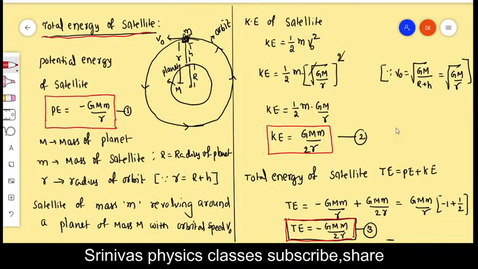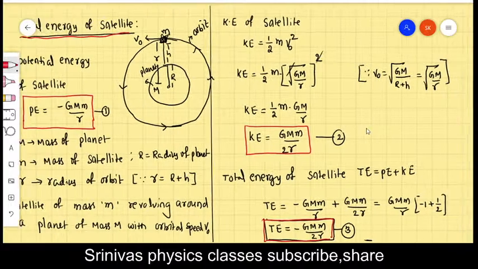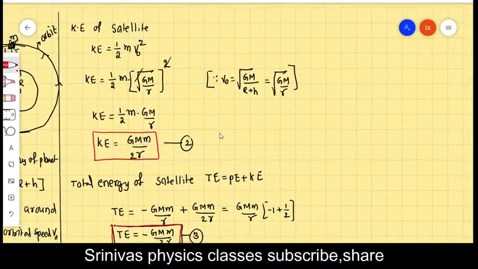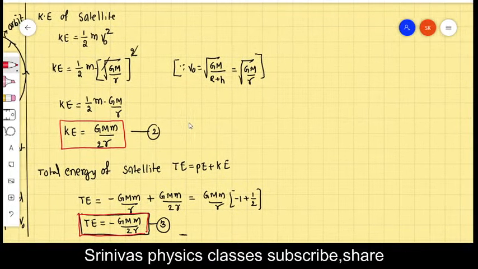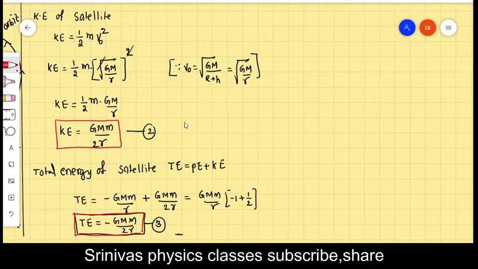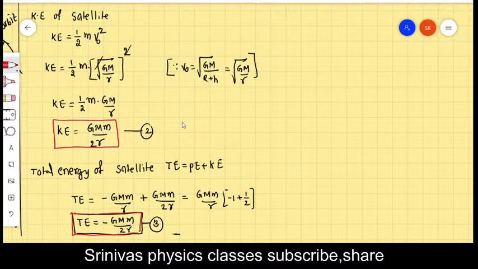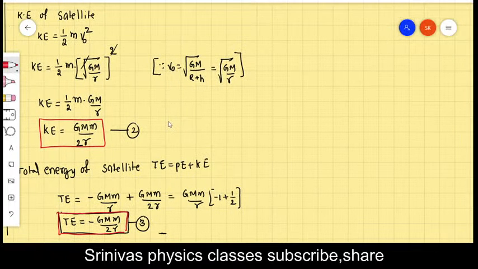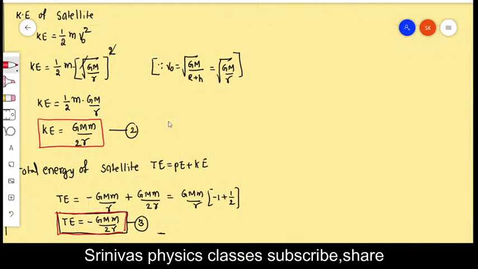It is very simple. If you have any query, write in the chat box. Just now we derived the formulas for the potential energy, kinetic energy and total energy. I want the relation between them.